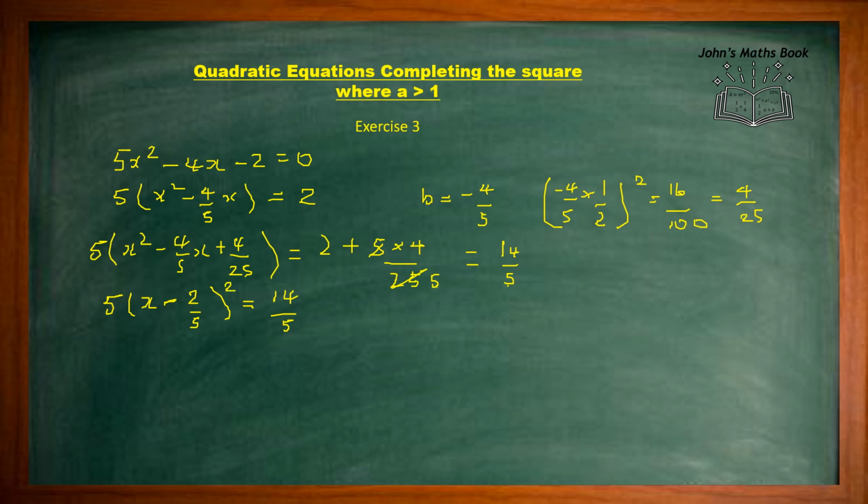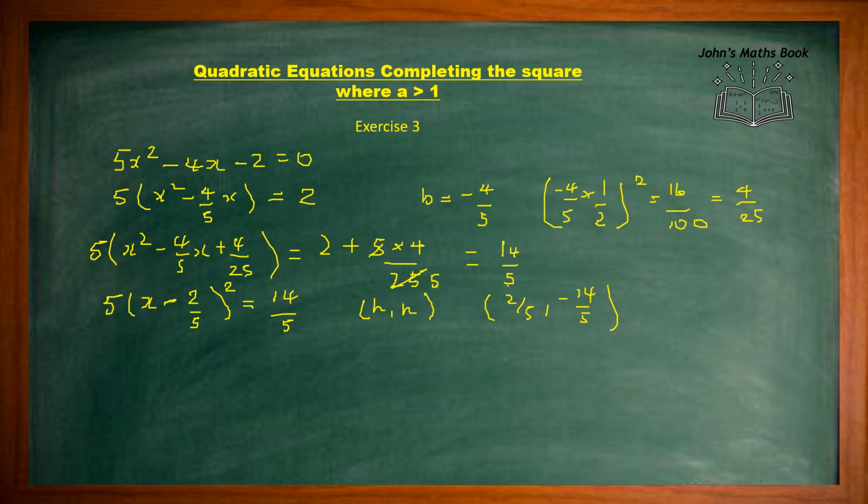So now we have the coordinates of h and k, so the vertex. So h, k can be found at x is 2/5 and y is minus 14 divided by 5. So now let's solve this to find the roots of the equation.